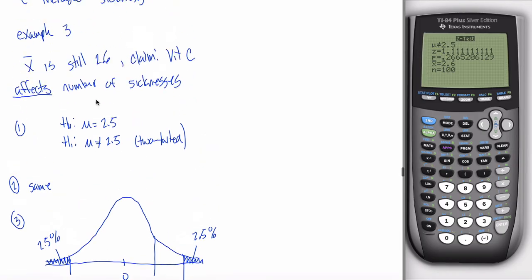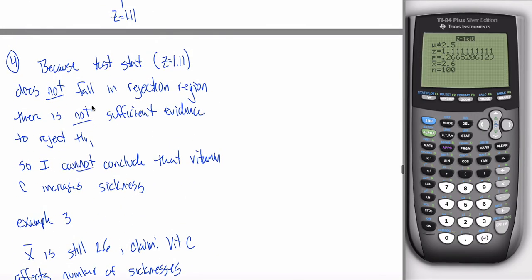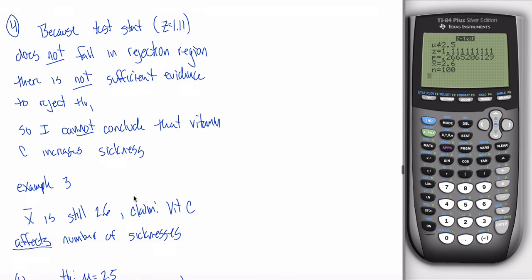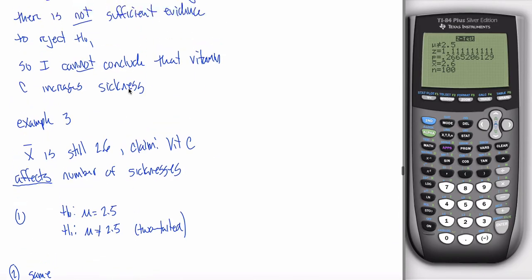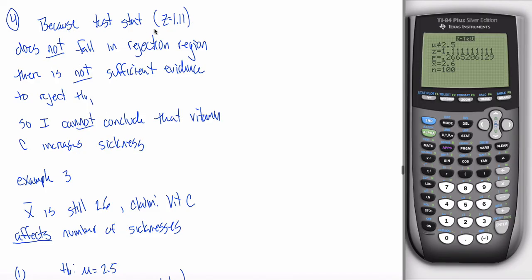And similarly to example 2, my test statistic is not in the rejection region. So maybe for step 4, I'll say same, and that gets quotation marks because it's almost the same as example 2. And why I'm putting quotation marks is you'll say because the test statistic does not fall in the rejection region, that's the exact same.